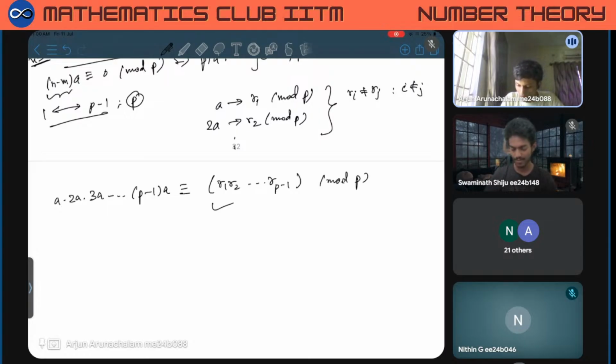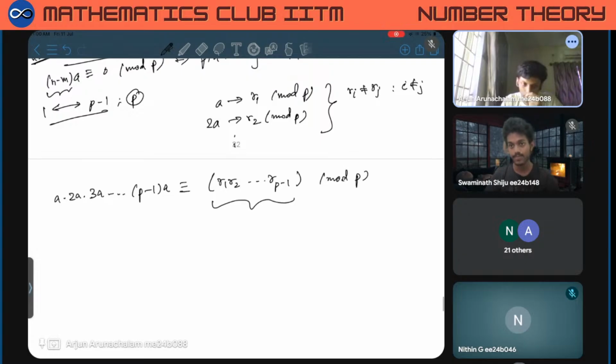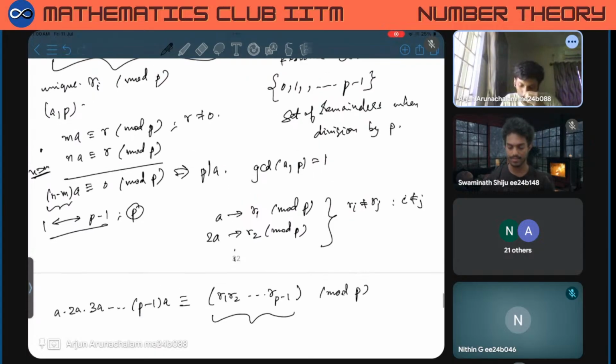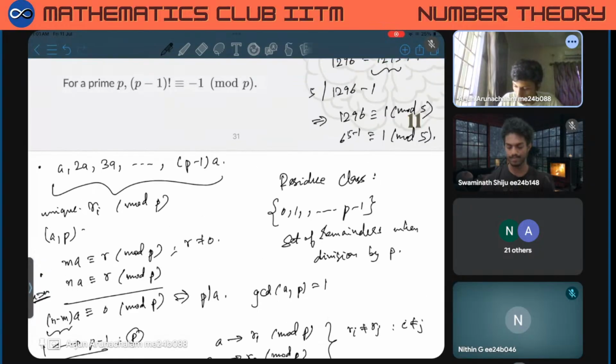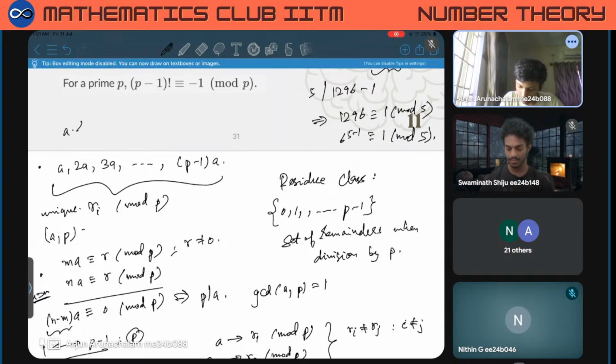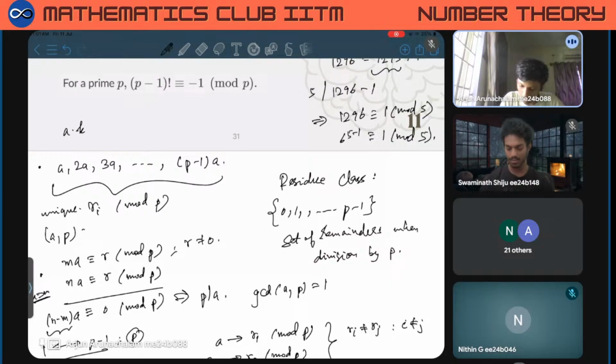Now note that every possible residue will be covered here other than 0, because the moment you have some a into k congruent to 0 mod p, k is obviously less than p, because you're only covering those multiples.